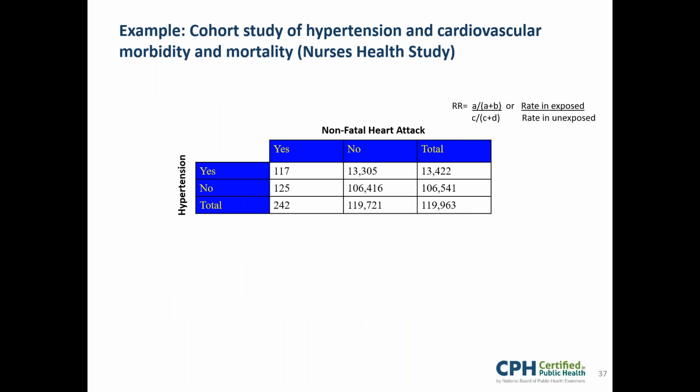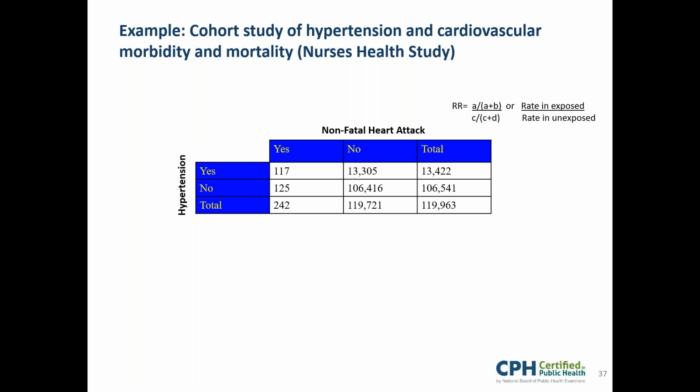So this is a cohort study of hypertension and cardiovascular morbidity and mortality using Nurses Health Study data. Our 2x2 table here has hypertension as our exposure of interest down the side, so hypertension, yes or no. And then non-fatal heart attack is our outcome of interest across the top, yes or no. So we have 117 individuals who had hypertension and also experienced a non-fatal heart attack.